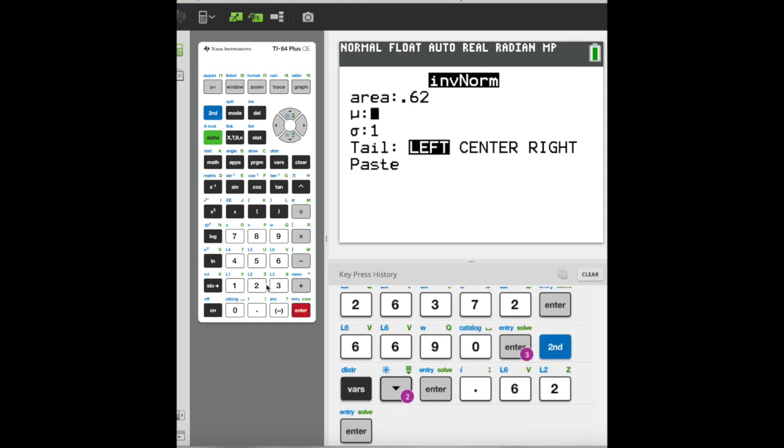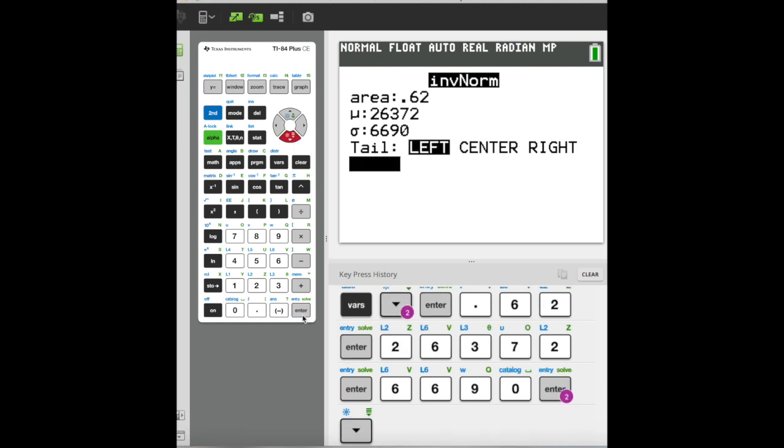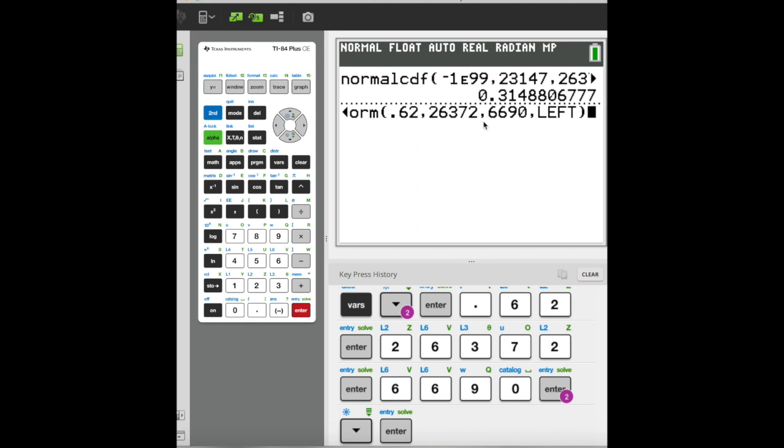We say enter, and then I put the mean in, and the standard deviation. I'm going to leave it at left. Some of you may just need to type it this way, and the left won't show up. It'll just have these 3.